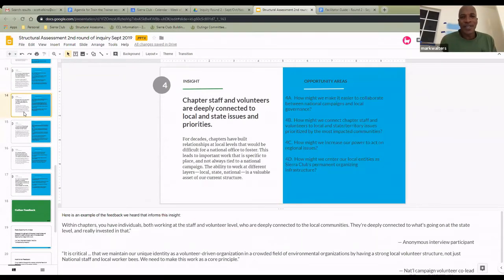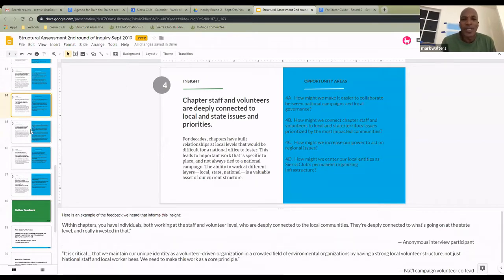Chapter staff and volunteers are deeply connected to local and state issues and priorities. And again, for decades, we recognize that chapters have built relationships at the local level that will be difficult for the national office to foster. And this is the important work that we want to make sure is happening, and it's specific to the place that they're located.